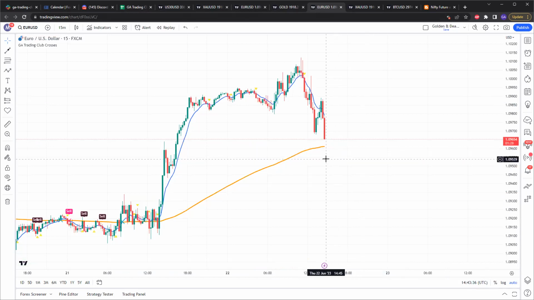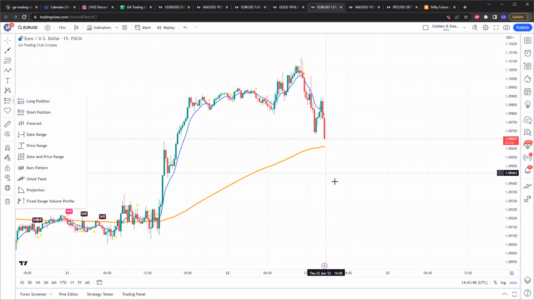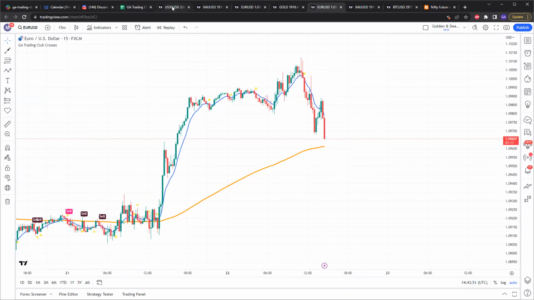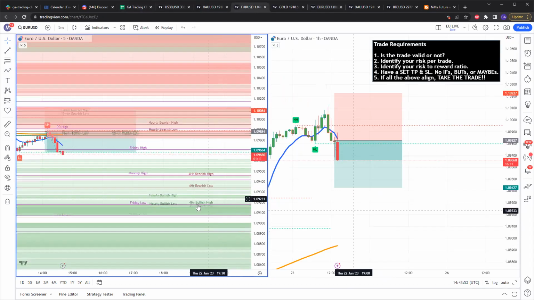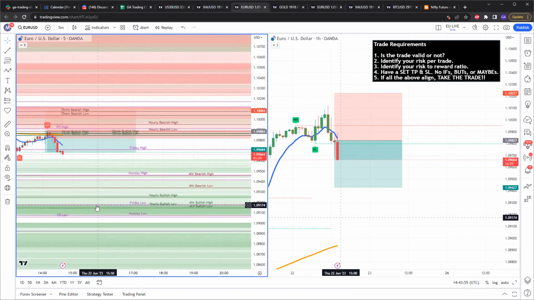This sell would be a nice way to sell, because the sell would come around 1.09475, and we know that EU might reverse around the 1.091 area.